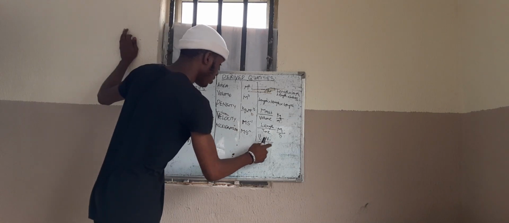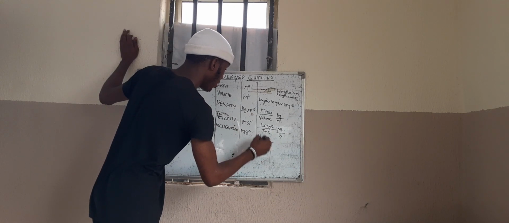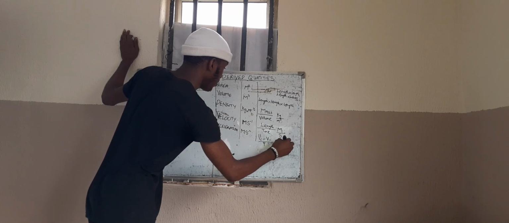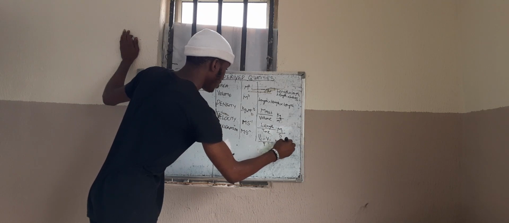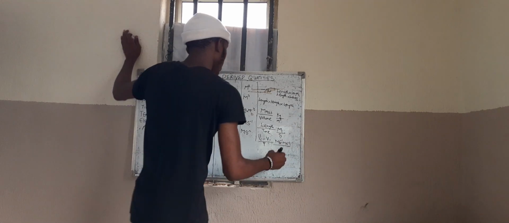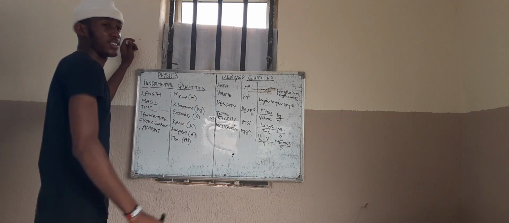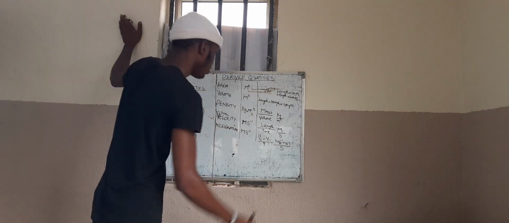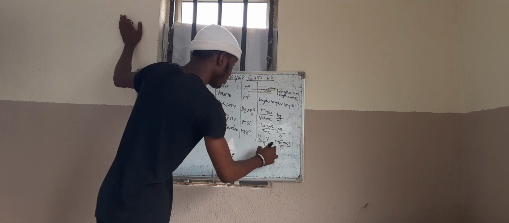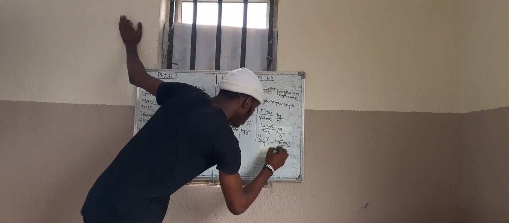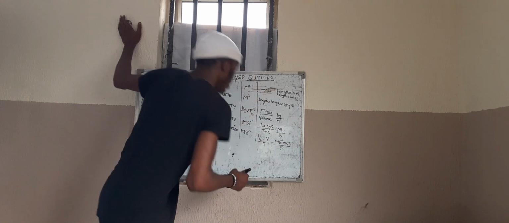So the unit of this is meter per second minus meter per second, meter per second. Then you divide it by seconds. So we now have meter per second. This cancels out.